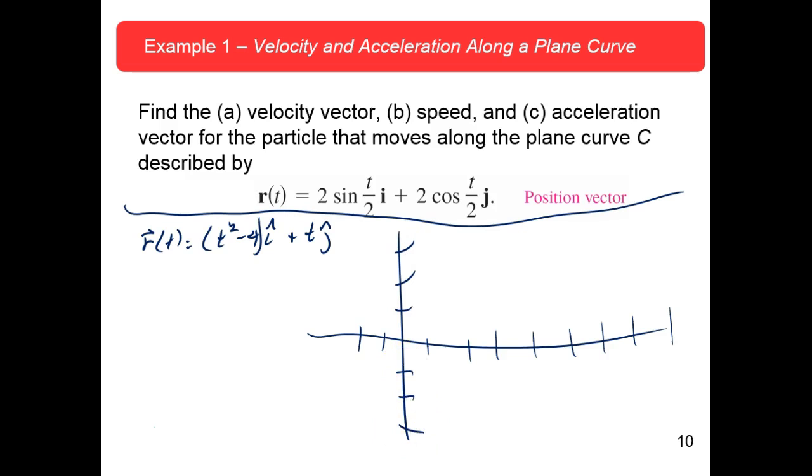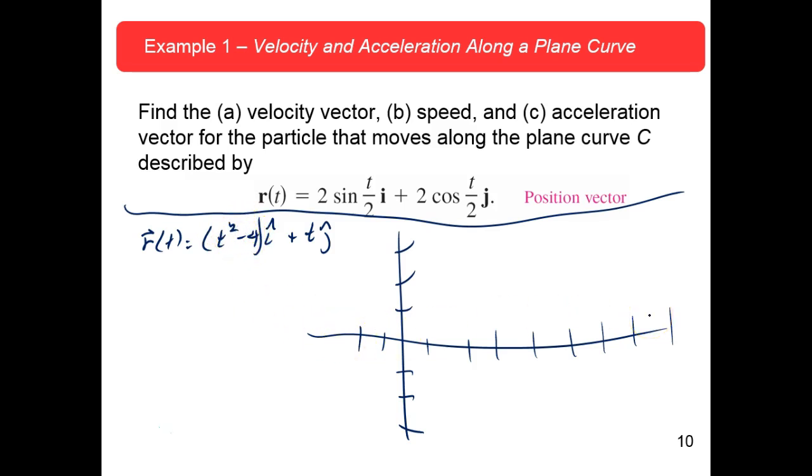Let's start the t somewhere, anywhere. Pick a t, any t. A value for t. Any value. Pick a number. 6. If you have 6 squared, that's 36 minus 4 is 32, your i component.